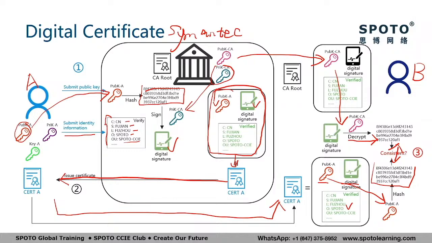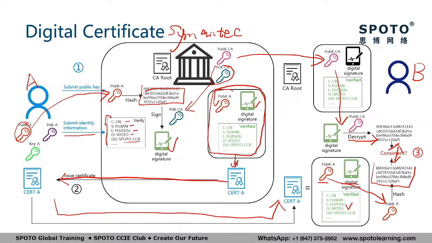You might be wondering, what if someone in the middle captured user A's digital certificate? Then what will happen? Is the man in the middle able to decrypt the communication between user A and user B? The answer is no, they are not able to. The reason is that a symmetric encryption algorithm is used for the communication.